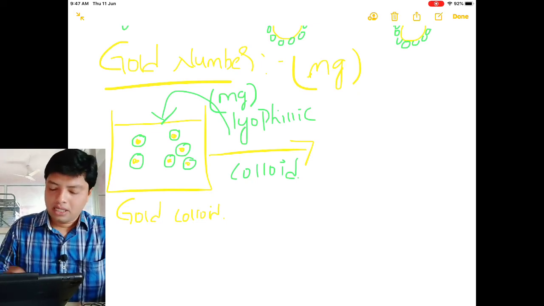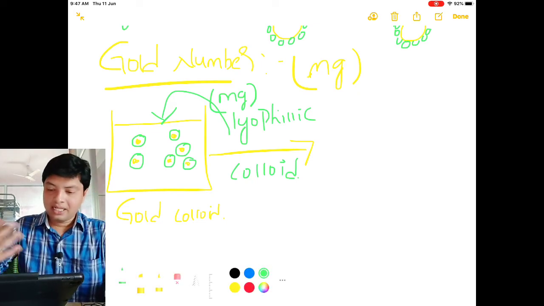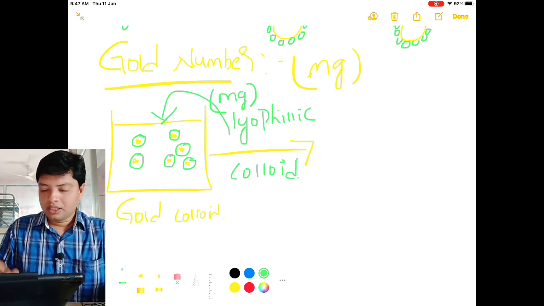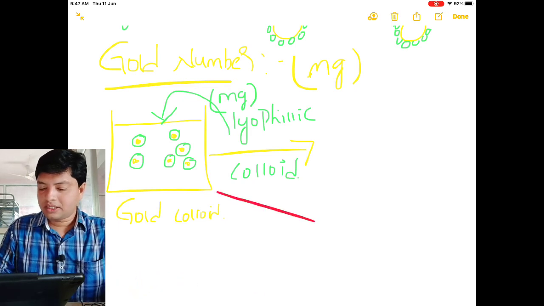Previously we know that to destabilize a colloid, we need to add some electrolyte. Now, after adding the lyophilic colloid, I will add NaCl.